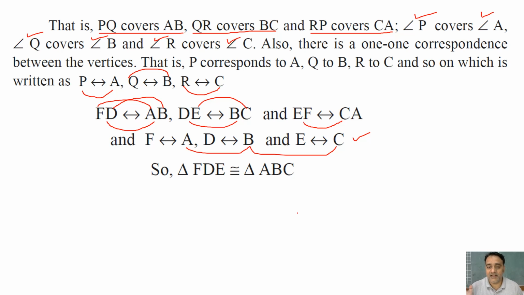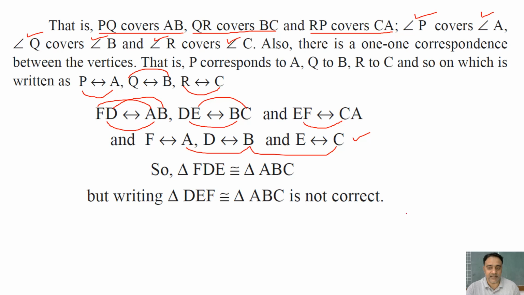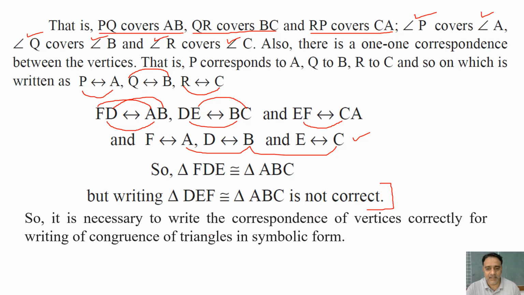If we write triangle DEF, it will be wrong. Is this clear to all of you? Yes. So it is necessary to write the correspondence of vertices correctly for writing congruence of triangles in symbolic form.